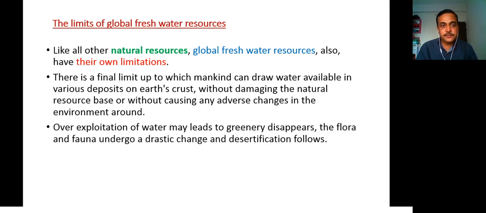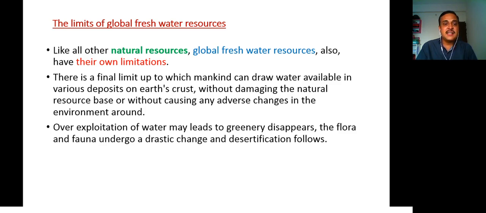Then after studying the need or importance of freshwater management, there is another point for a short note, that is the limits of global freshwater resources.